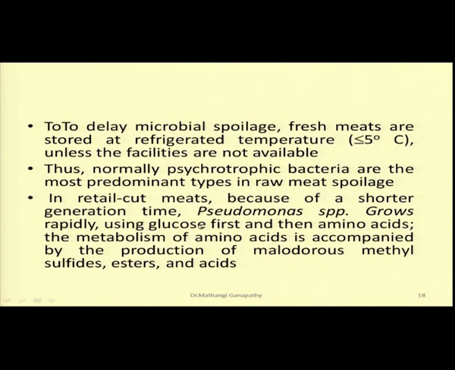To delay microbial spoilage, fresh meat is normally stored at refrigerated temperature, less than or equal to 5 degrees centigrade. Unless this facility is not available, it's preferable to store at refrigerated temperature. At this temperature, what you are going to see is the growth of psychrotrophic bacteria. Raw meat spoilage organisms are mostly psychrotrophic, which can grow at less than or equal to 5 degrees centigrade.